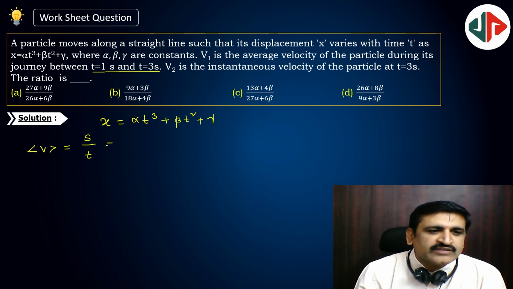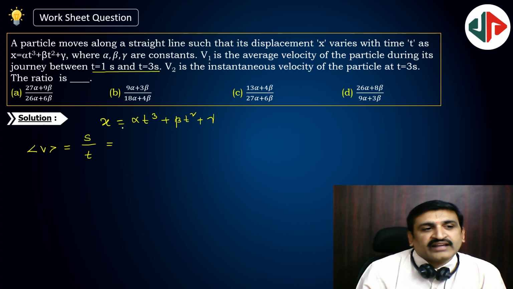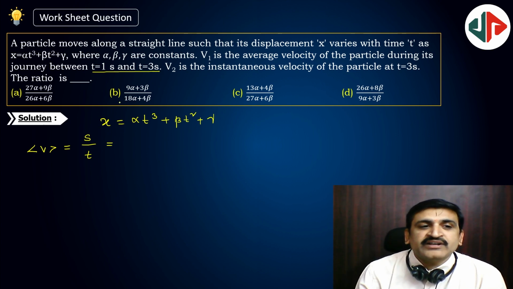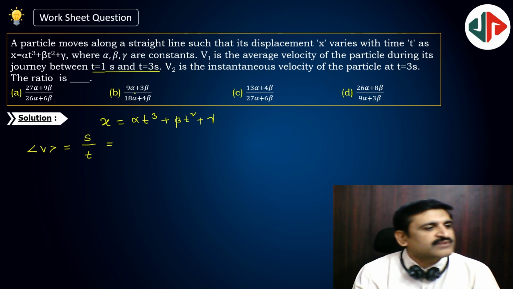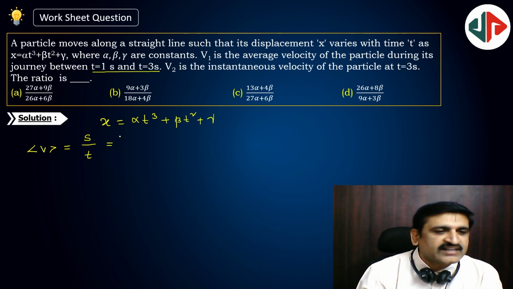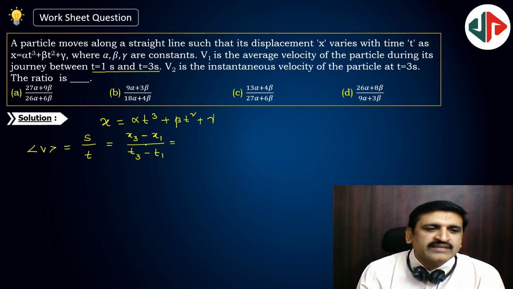So you have to calculate the displacement during 1 to 3 seconds. That means x3 minus x1 by the time duration t3 minus t1. Here I will do x3 minus x1.